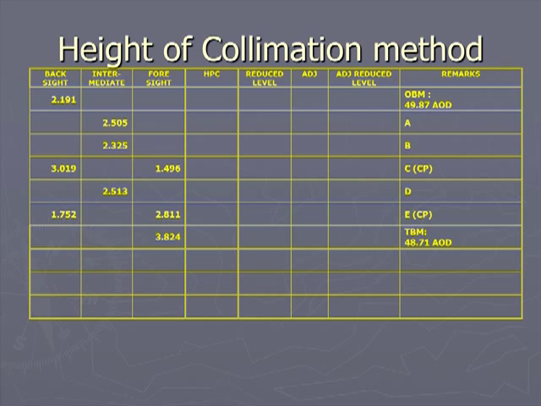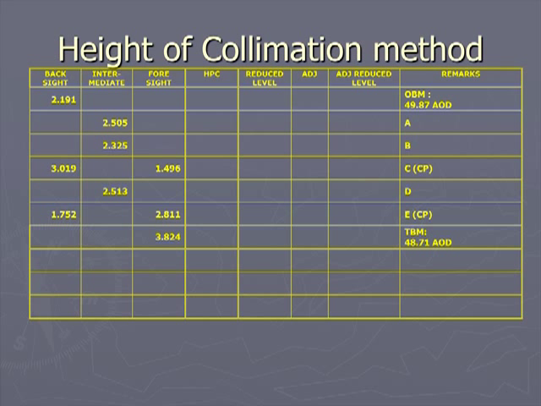The way we start is by taking the backsight, the first backsight from instrument position 1, and this backsight is taken on the known point, the benchmark. So basically we put the staff at this point and we read 2.191.